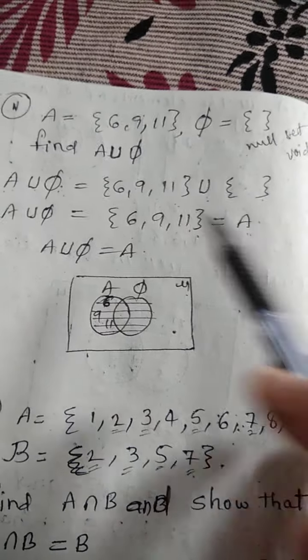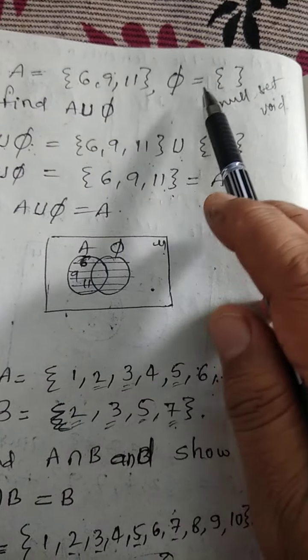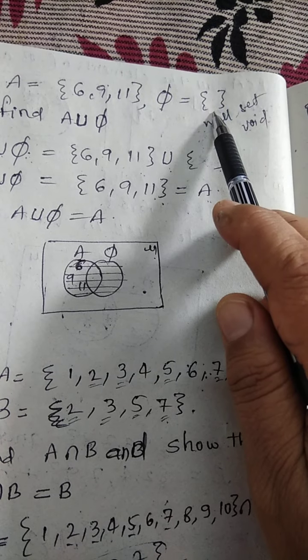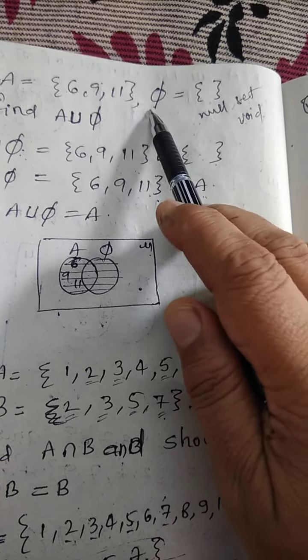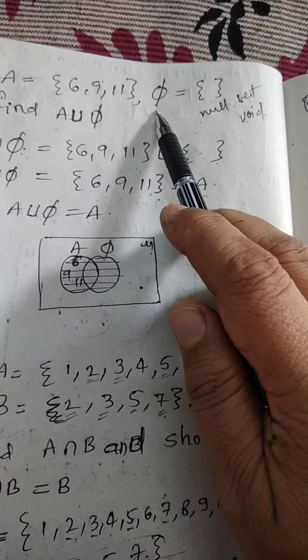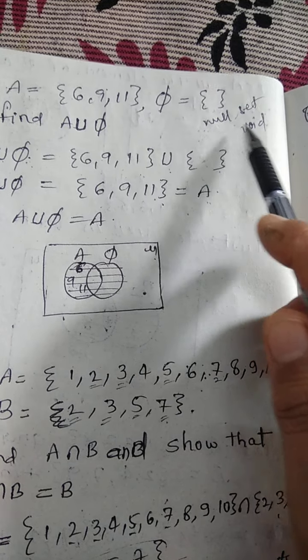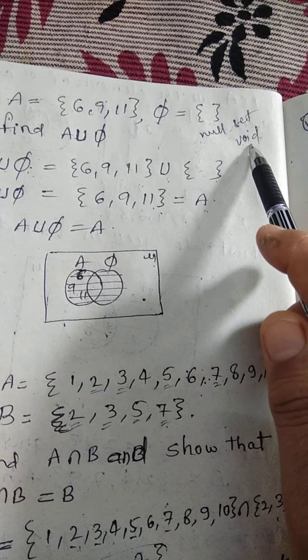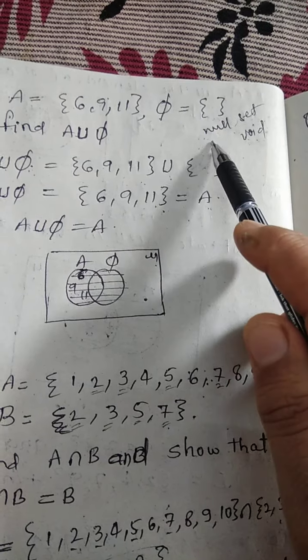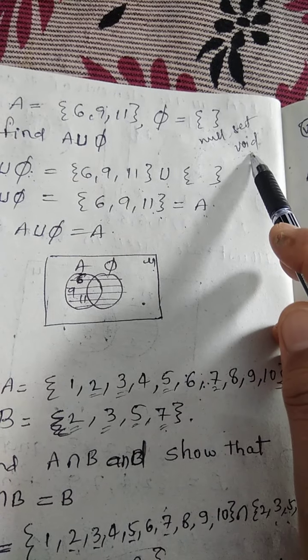In the fifth question, A is given as {6, 9, 11} and φ. φ means empty set. Empty set is denoted by the symbol φ. Empty set is also called null set or void set.